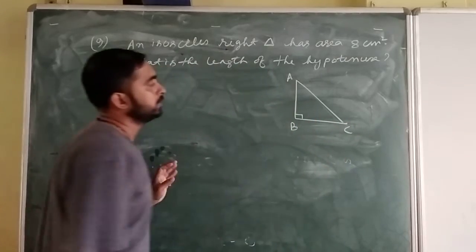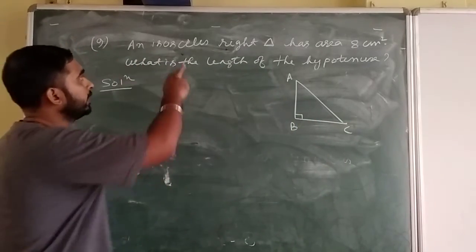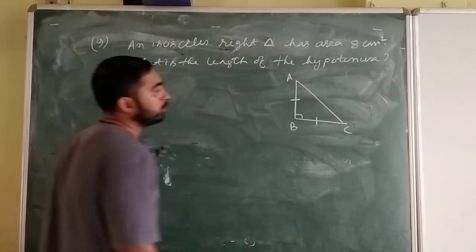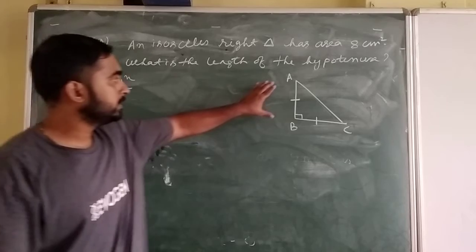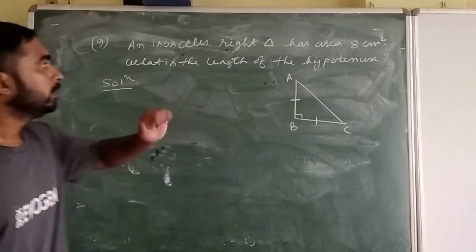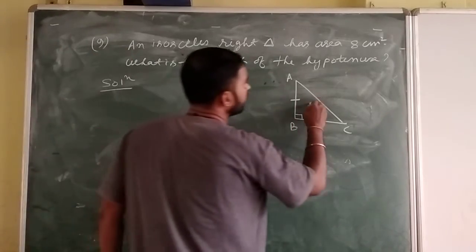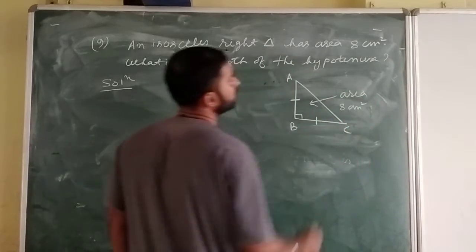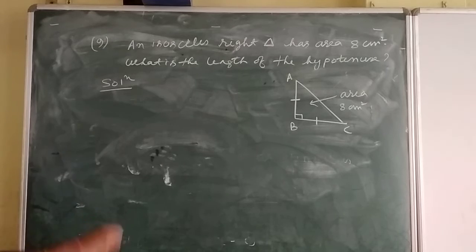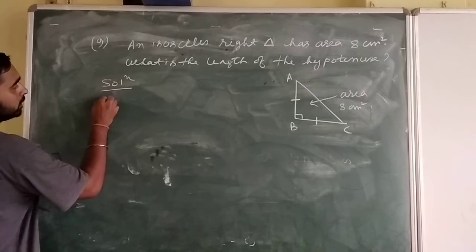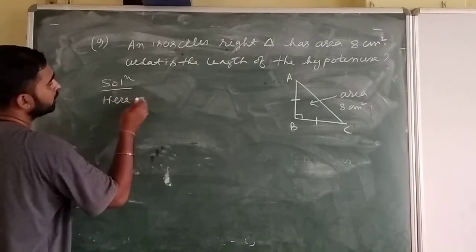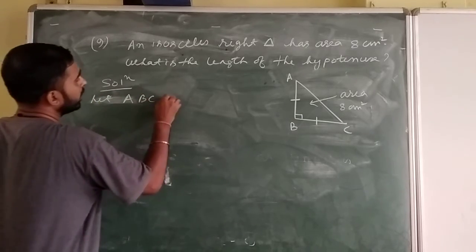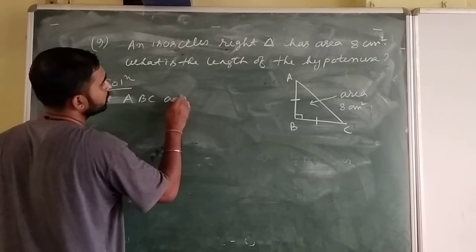So let ABC be a right isosceles triangle. Right isosceles means except the hypotenuse, the other two sides are equal in measurement. It means AB and BC are both equal in length. Area is given as 8 square centimeter. The question is to find the hypotenuse.